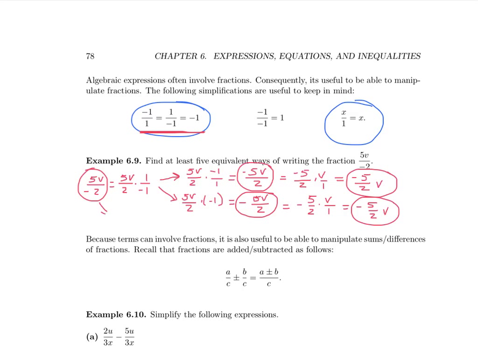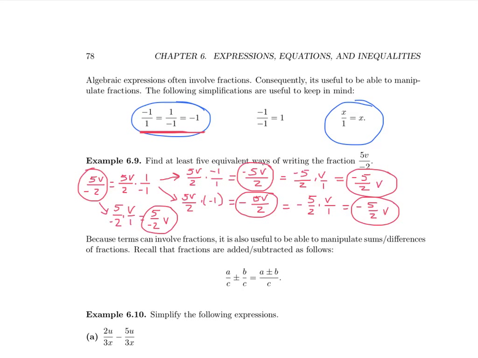And lastly, if I separate out v from this fraction, I have 5 over negative 2 times v over 1, which is 5 over negative 2 times v. So we've taken this one fraction and we've written it in 1, 2, 3, 4, 5 equivalent ways.